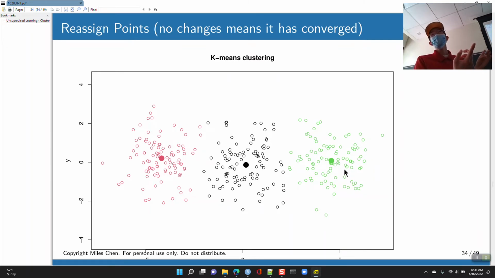You might get all of these points in the same cluster, but the first time you run it, this might get labeled the red cluster, and the second time, it might get labeled the black cluster. It's not that anything went wrong or changed. It's just because of the random initial assignments that the label of the cluster has changed.